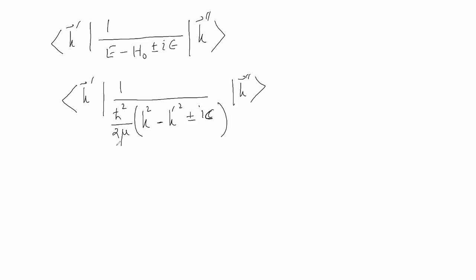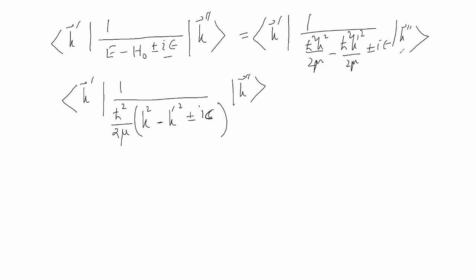I have taken h cross square by twice mu common, which means this epsilon should get modified. We had K prime, h cross square K square by twice mu minus h cross square K prime square by twice mu plus minus i epsilon.